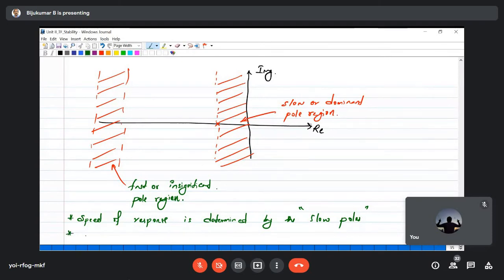Another point we can write: fast poles are ignored, hence they are insignificant poles.